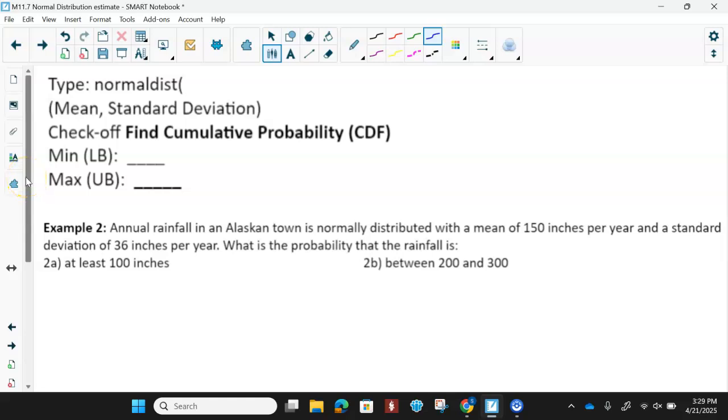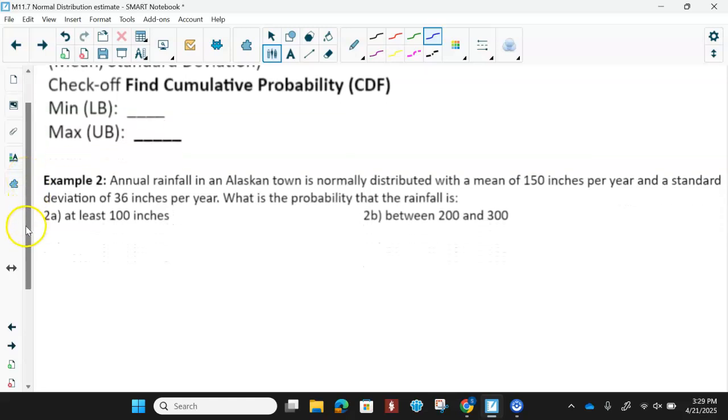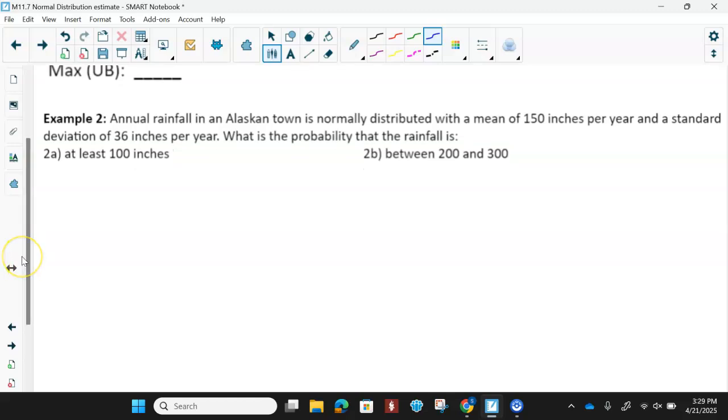So let's do this example 2. So again, just the reminder, right? Normally distributed with a mean of 150 and standard deviation of 36. So here, notice that 150 is the mean, then one standard deviation below, so 36 is 114.